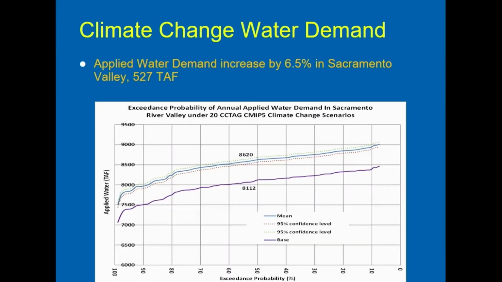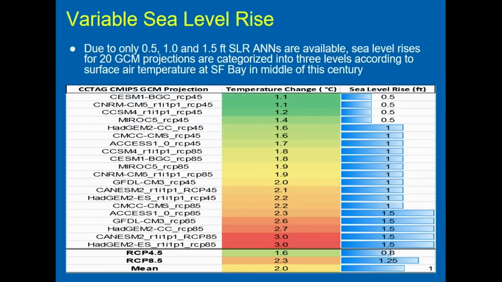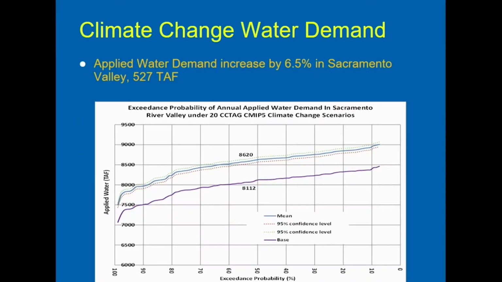The average for the 20 climate model projections is 1 foot sea level rise in the middle of century, consistent with what the Fourth Assessment committee suggests. And next, we also calculate water demand under climate change.